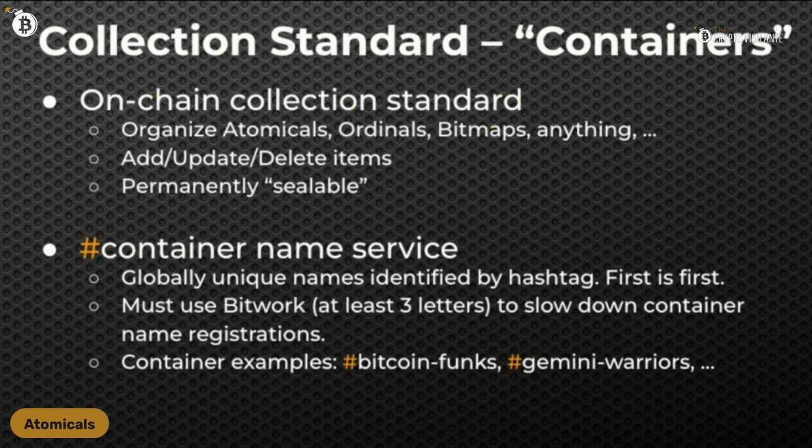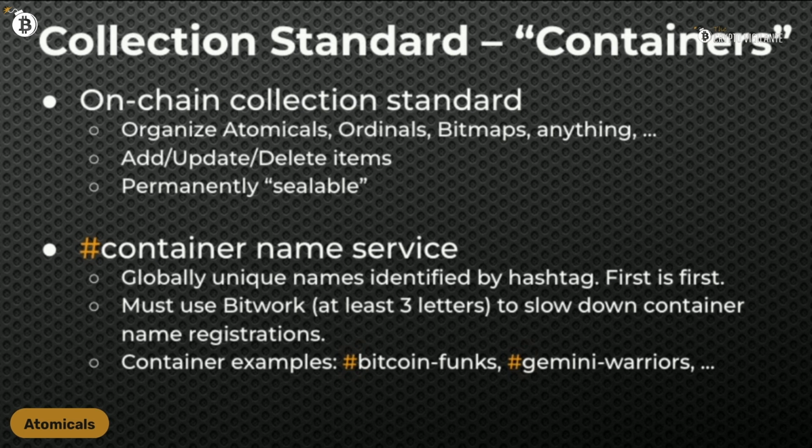First is first. In order to prevent name land grabs, name grabs, and squatting, we must use Bitwork, at least 3 letters, to slow down the container name registration. So someone could not just easily register thousands of these container names. They're going to need to spend significant CPU time, at least 3 letters per mint to claim a name.